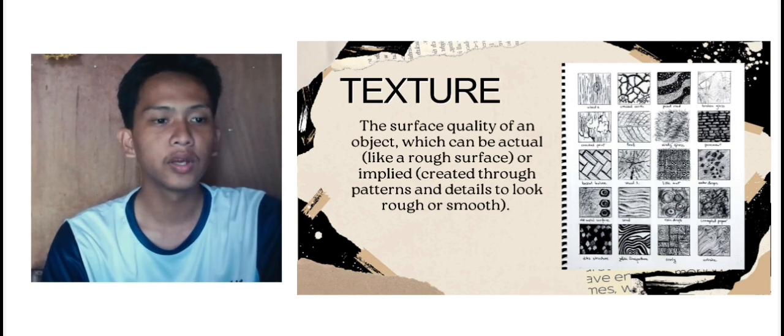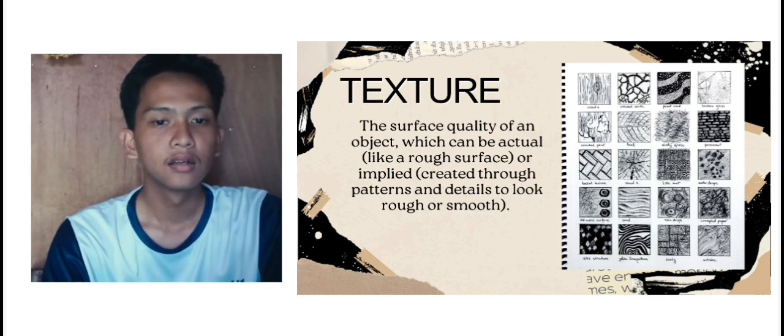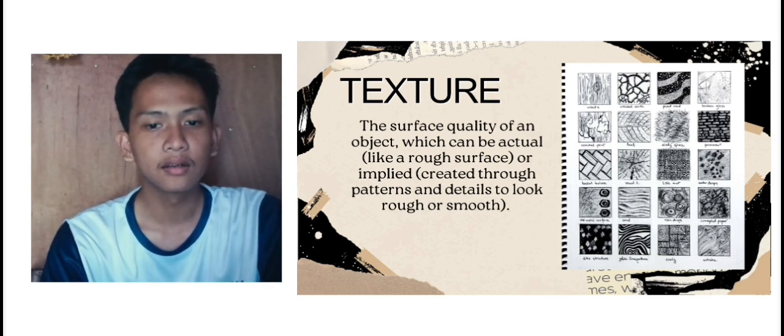It's either rough or soft in our drawing, based on the art that you make. It also includes the lines, the blending, or the shading that we use to create texture.